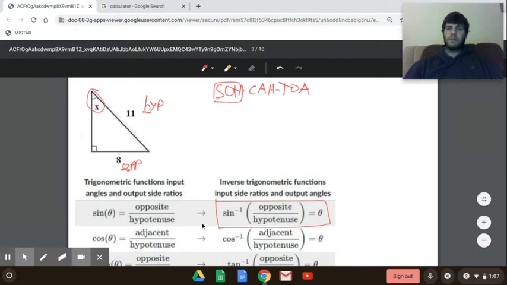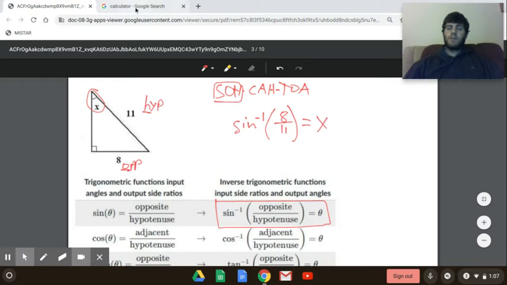Okay, so inverse sine. So we can say the inverse sine of our ratio. So opposite over hypotenuse, the 8's opposite, 11's hypotenuse, so 8 over 11. Okay, and that's going to be equal to our angle measure, and in this case, the angle measure is x.